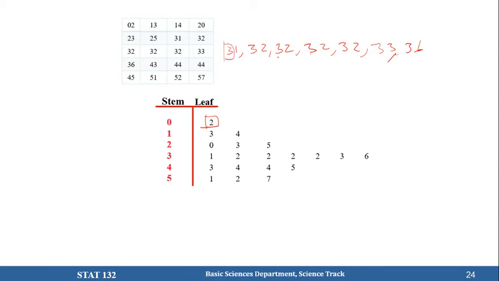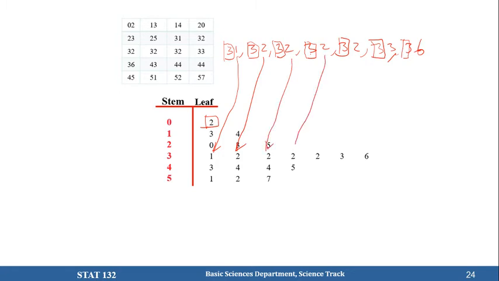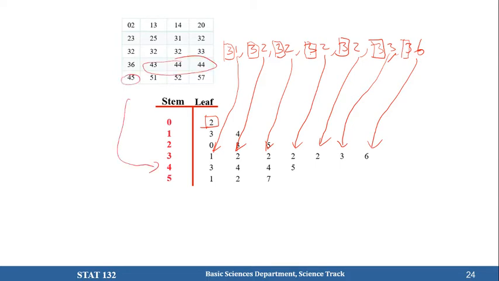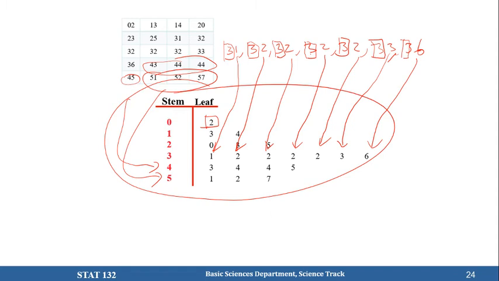The stem is the same, 3, and then you write the leaves here: 1, 2, 2, 2, and so on. The data can repeat the values. And for 44, 45, you have these, and for 51, 52, 57, I think this is easy to see. Okay, this is called the stem and leaf plot for the given data.